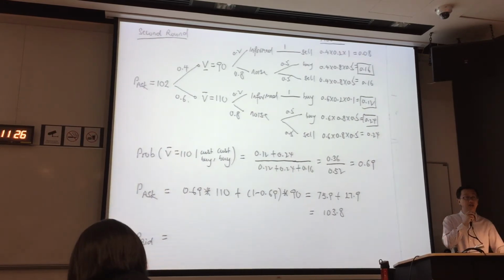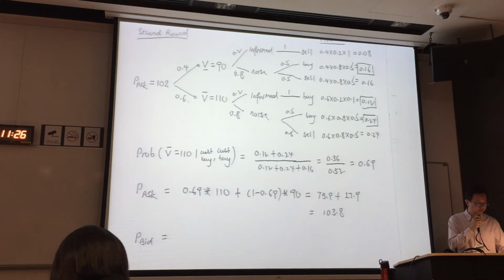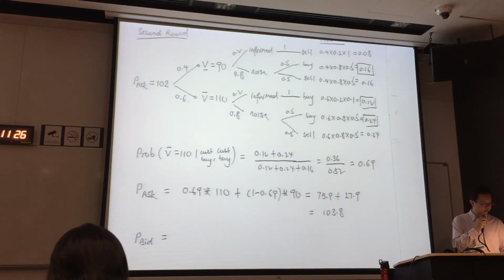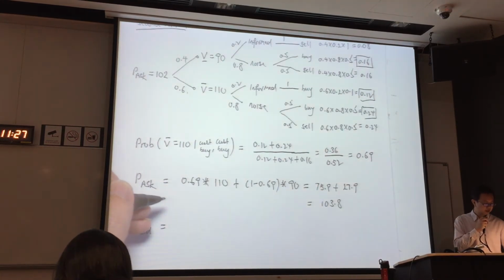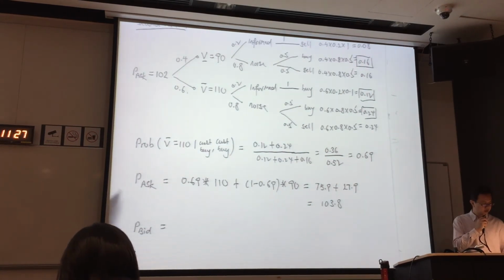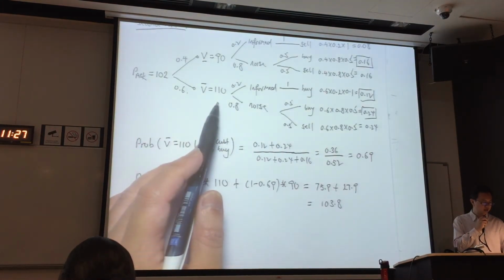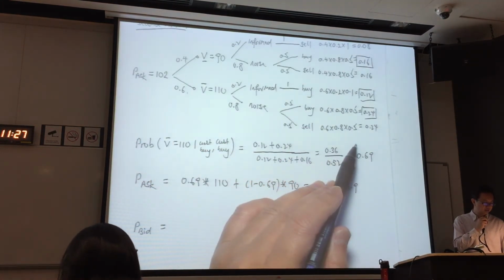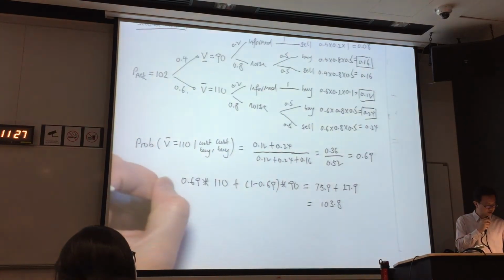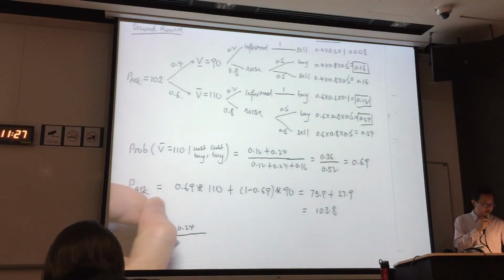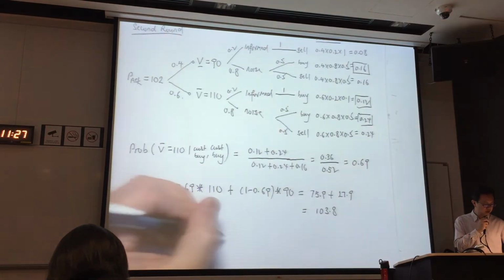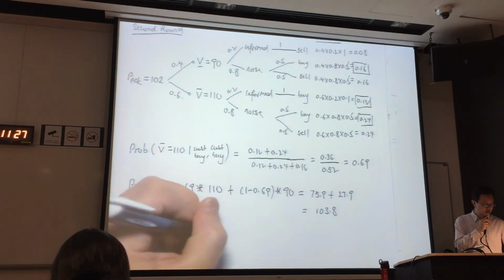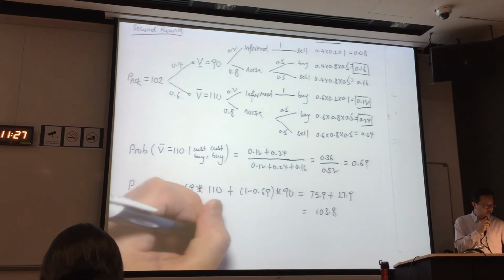Alright? So what is the bid price? You can work out this bid price here by comparing. The value is high, where the customer chooses to sell. So it's 0.24 divided by 0.08 plus 0.16 plus 0.24.